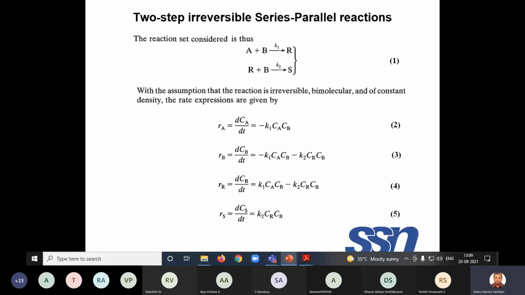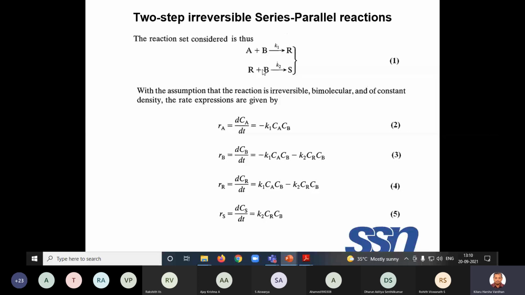So this is series parallel reactions. B is in parallel and R is in series. It's an irreversible process. You can write the rates for the different species: RA is minus K1 CA CB.